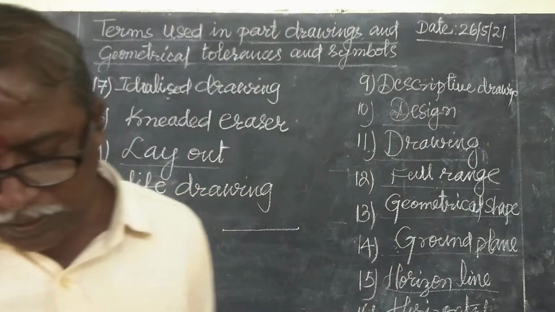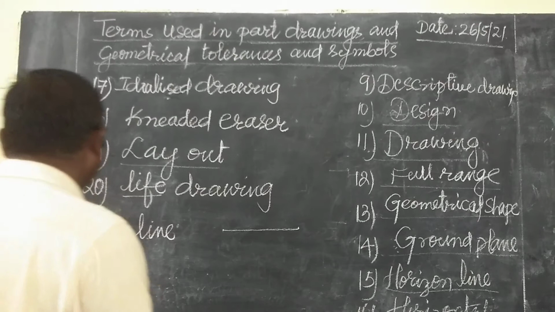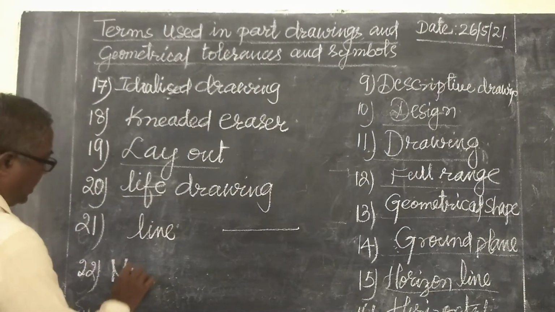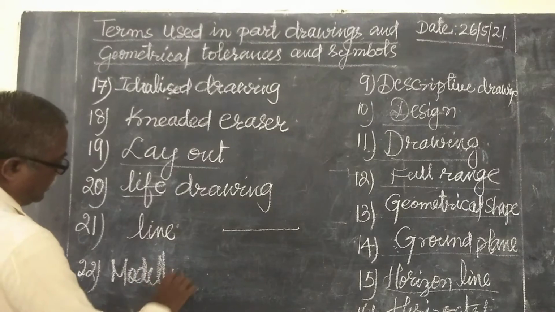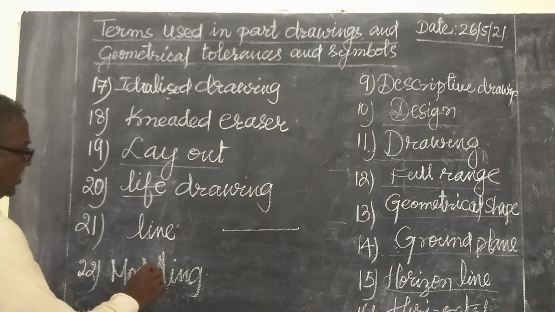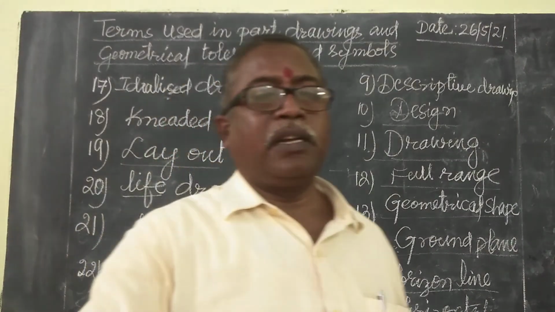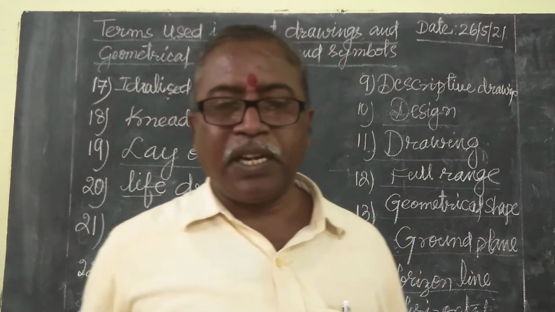Then next, 22, modeling. You know very well, modeling means to make a good appearance, some special design models.